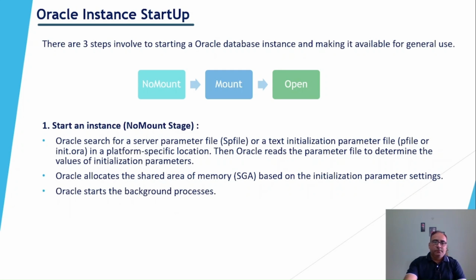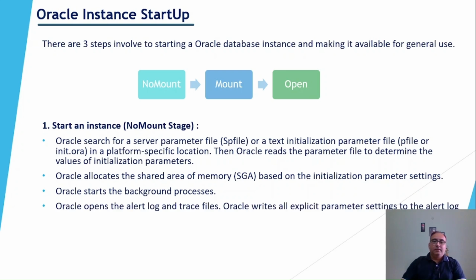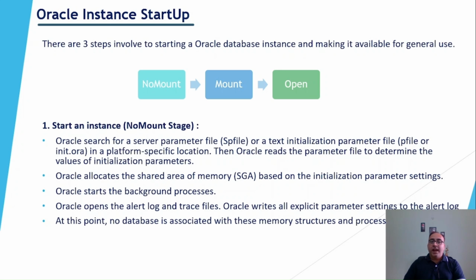Then Oracle starts the background processes. Then Oracle opens the alert and log files, and starts writing parameter settings to the alert log. Please note that at this point of time, the database is still closed.